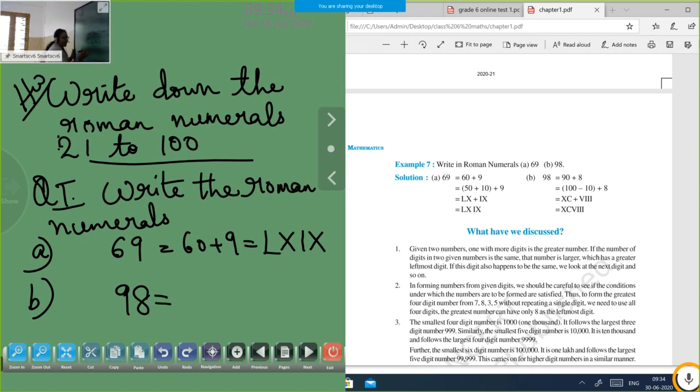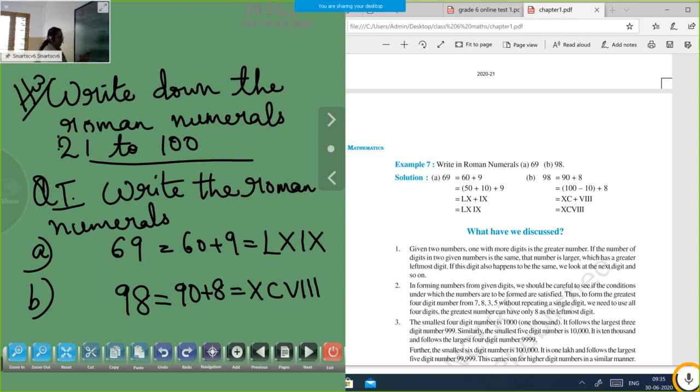Then next, 98 means what? 90 plus 8. 90 means what, children? 100 means C. We know 100 means C. So 90 means XC. C means 100. XC means 90. If you put X to the left side, that represents subtraction. So 100 minus 10, that is 90. Then plus 8.